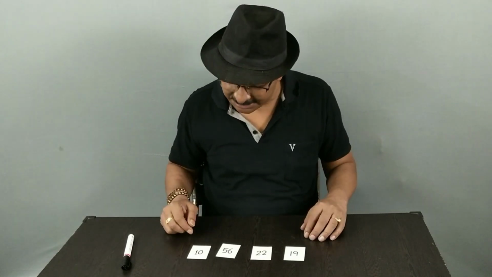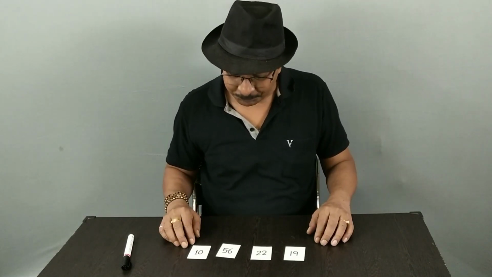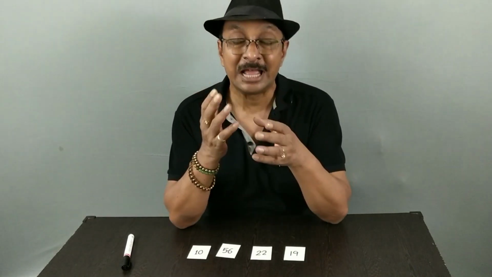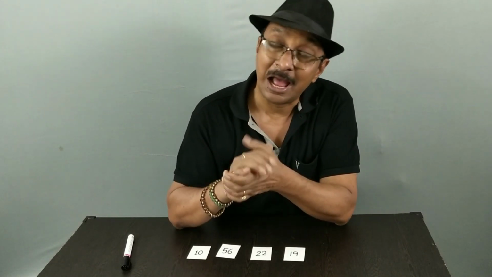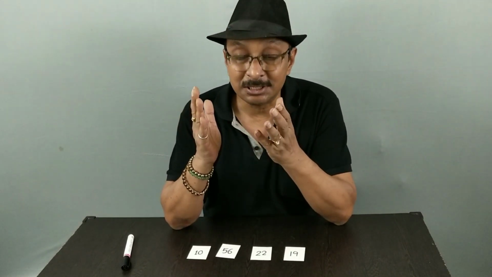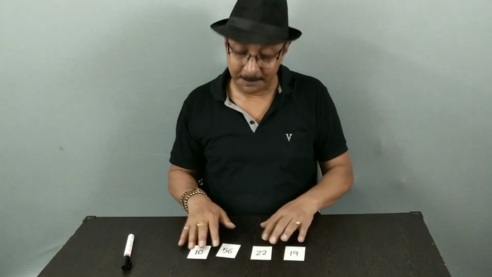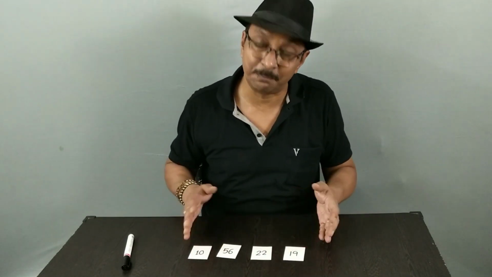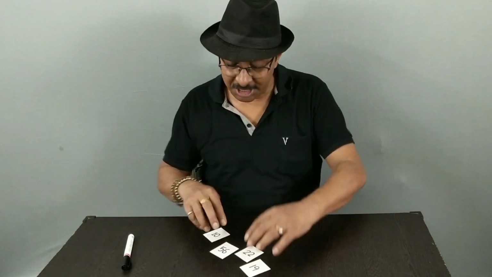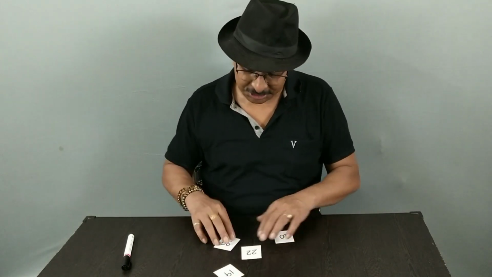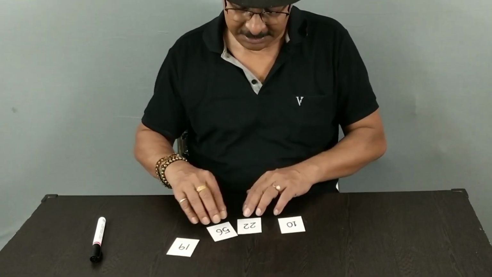So these are the 4 numbers written by the spectator for ages of 4 people, maybe of his family or maybe his friends, whatever. So what you do, you say that I'll also do the same thing. I'll also write down the age of 4 of my relatives at the back of these pieces of paper. So saying what you do, you just turn them towards yourself.